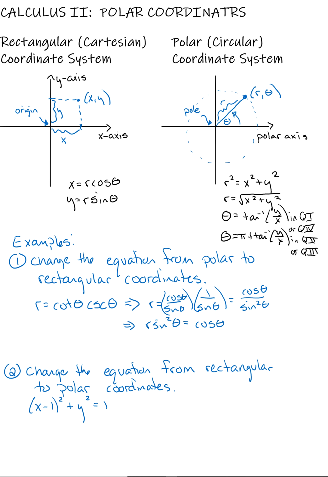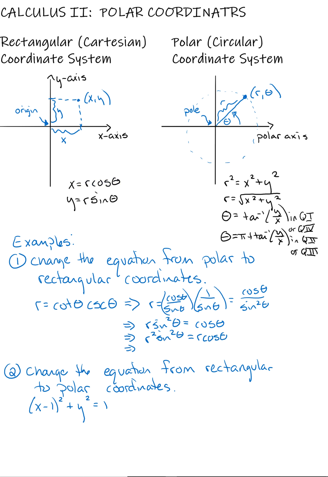Now I'm trying to match these with my equations, so I see that cosine theta is almost like that x value. All I need in there is an r. So let's go ahead and do that. Let's multiply each side by an r. So that gives us r squared times sine squared theta is equal to r cosine theta.